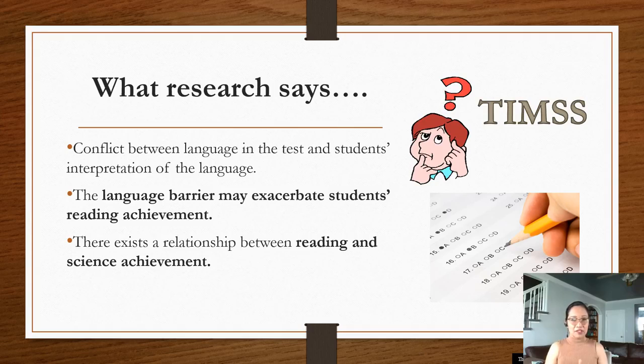So what does research say about the language of students from different cultural backgrounds and their science achievement? I found in some research that there's a conflict between the language in the test and the student's interpretation of the language, so the language barrier is impacting students' reading achievement, and reading achievement is correlated to science achievement.